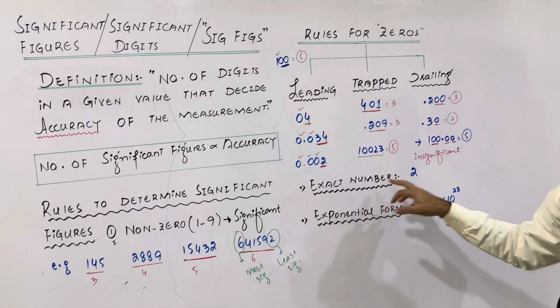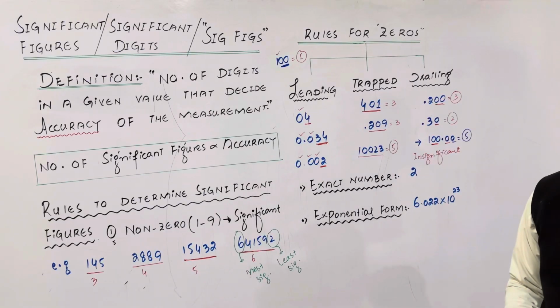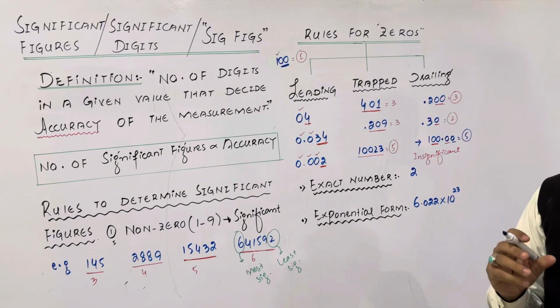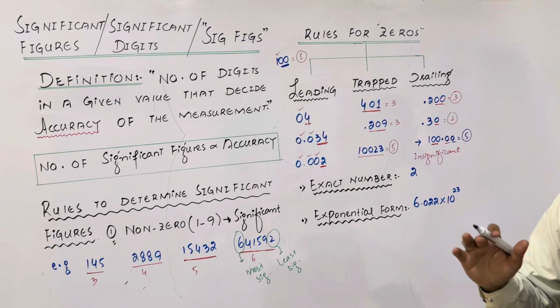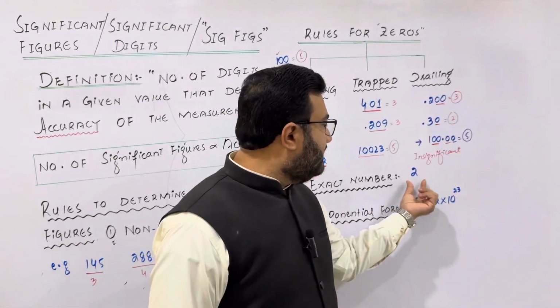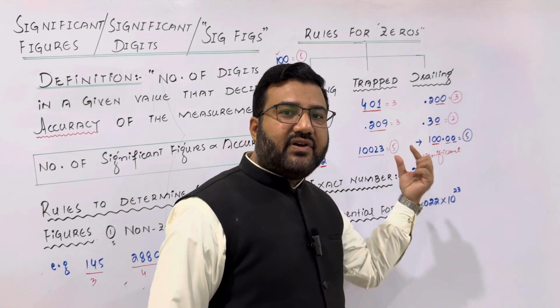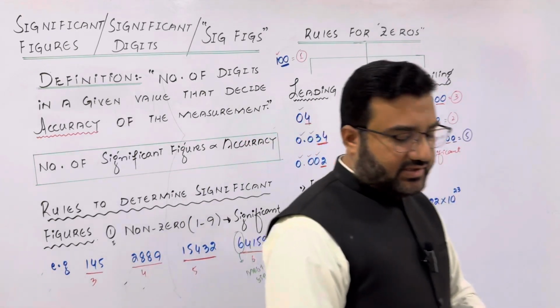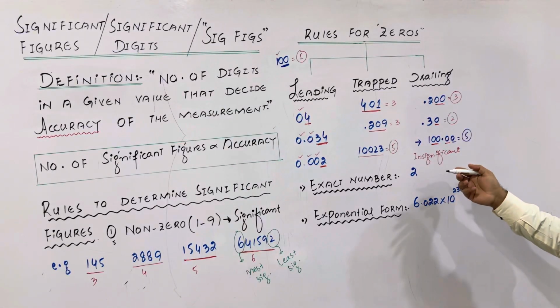Now what about the exact number? If there is an exact number 2 written, keep in mind, it will have infinite significant figures. How does it have infinite significant figures?